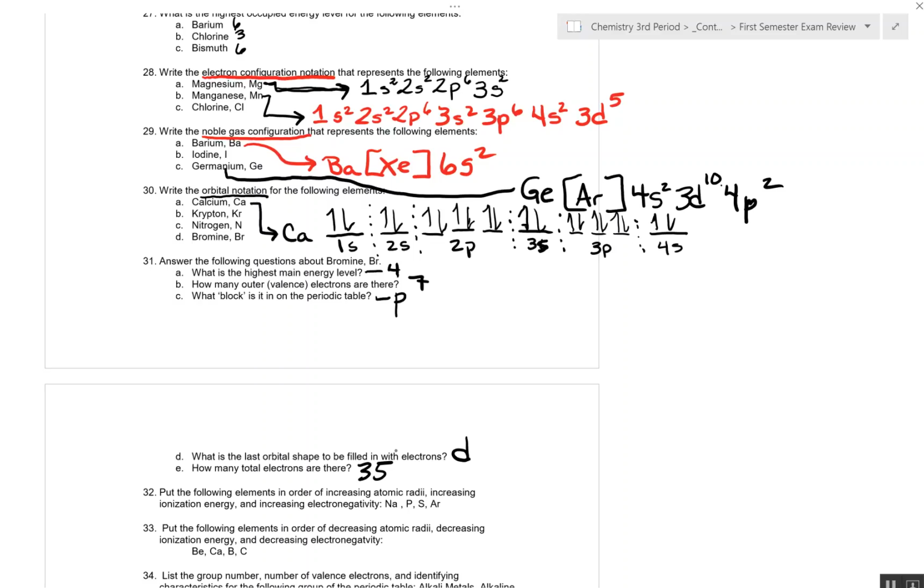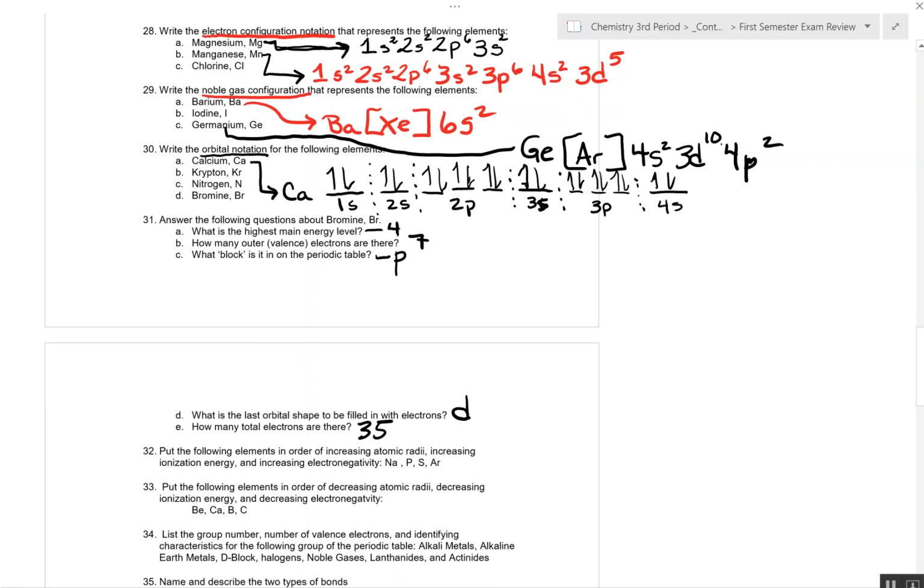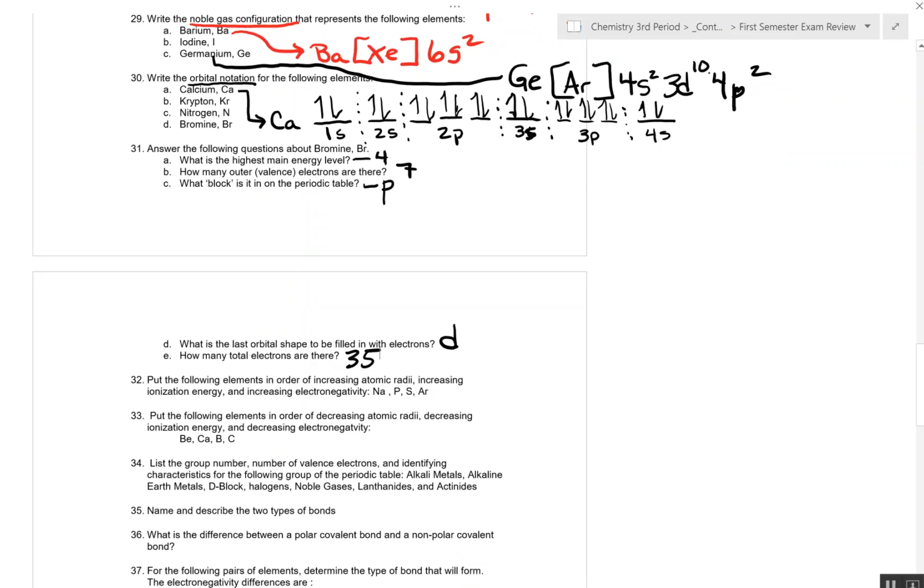All right, here we go. Put the following elements in order of increasing atomic radius.